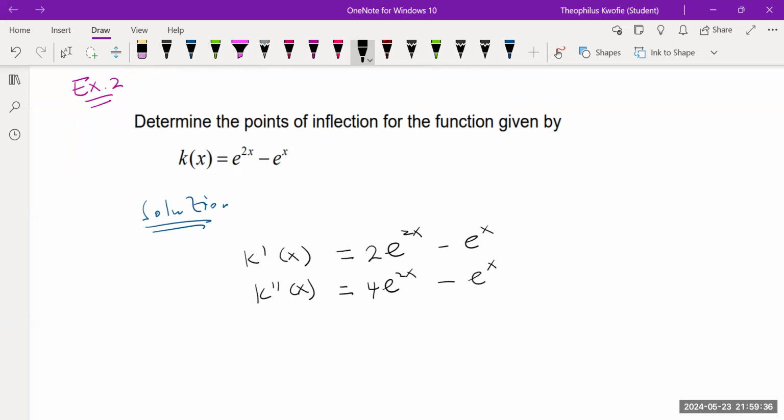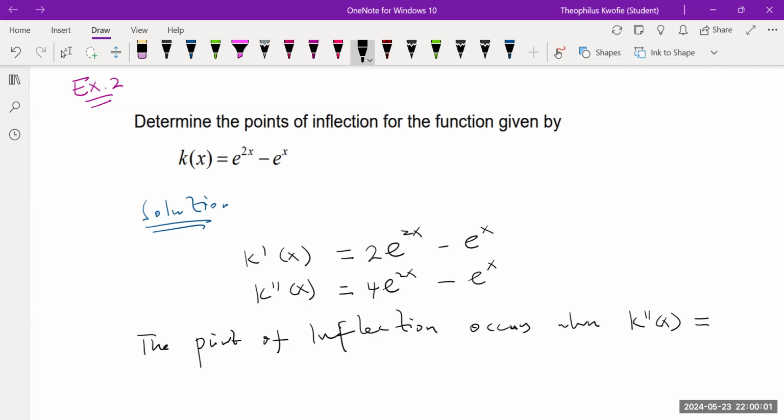So we say that the point of inflection occurs when k prime prime of x is equal to what? 0.